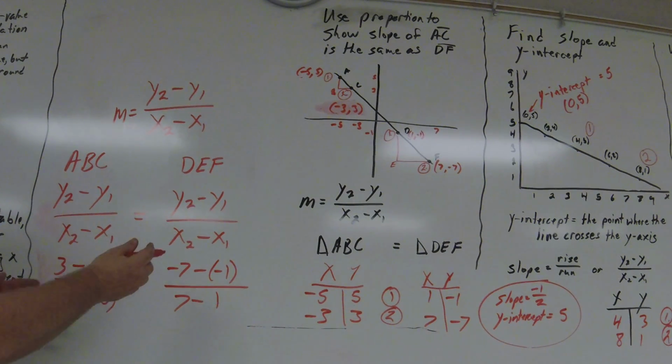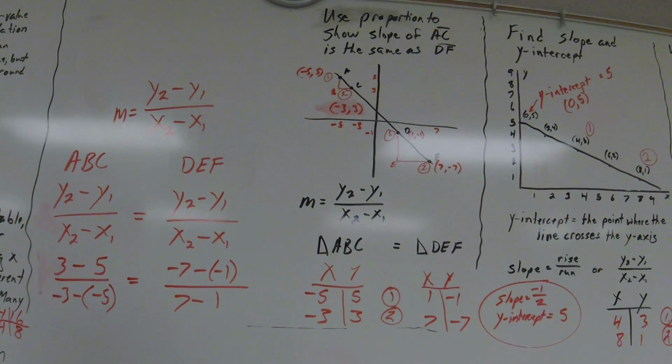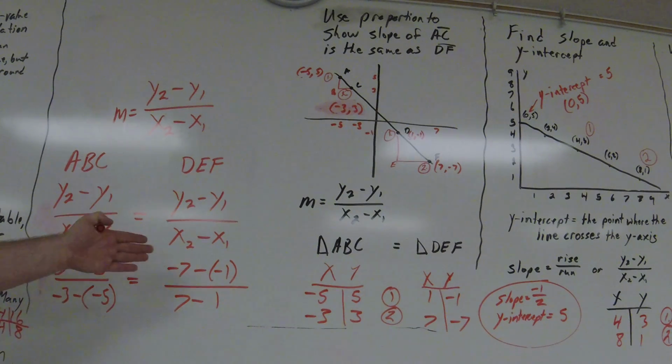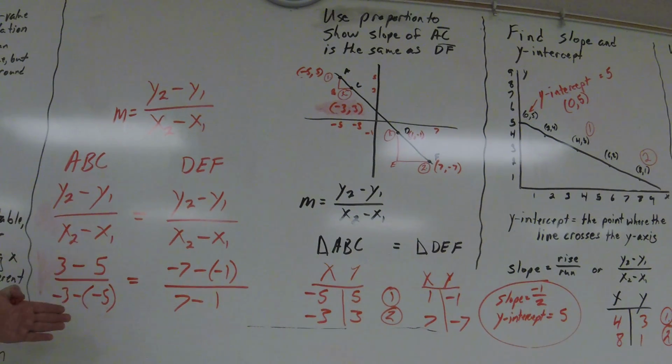Well, we don't like those parentheses in there, but we could leave it like this, and if there are parentheses in the answers, A, B, C, or D, for this problem, it's okay to go ahead and leave them there. But if you take a look at the answer choices and you don't see any parentheses, this is how we get rid of the parentheses. So 3 minus 5 stays the same. But the negative 3 minus a negative 5 is really the same thing as negative 3 plus 5.